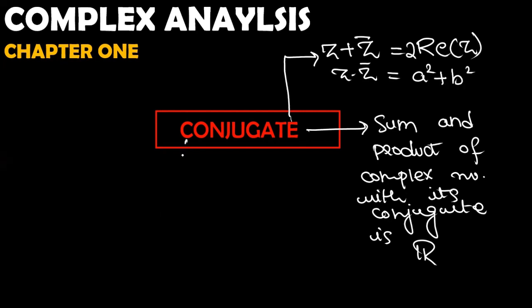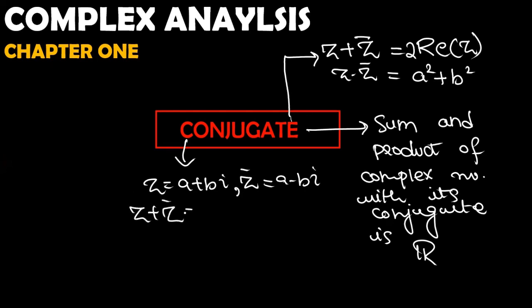How? You can see that z is equal to a plus b iota and z bar is equal to a minus b iota. If I add them, I have to add the real part into the real part, and iota as it is, and add the imaginary part of one into the imaginary part of the other, so b minus b.